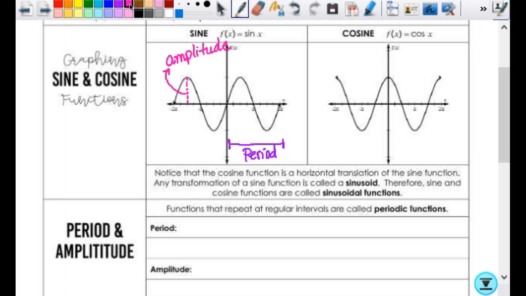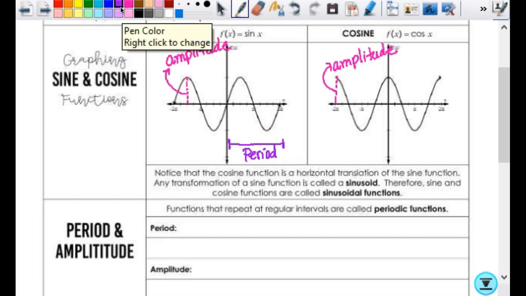For cosine, we have the same thing. So this is the amplitude. And from here to here is a period. So remember, we talked about this yesterday, you can take the cosine function, and if you just shift it over pi halves, you end up with the sine function.